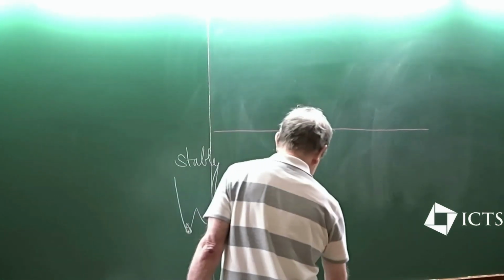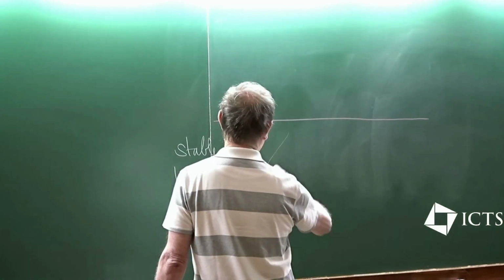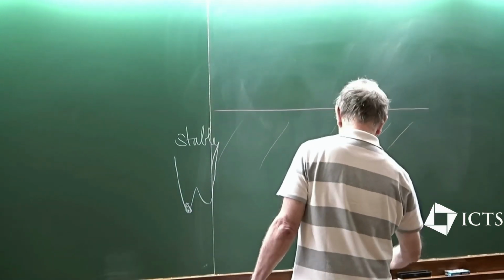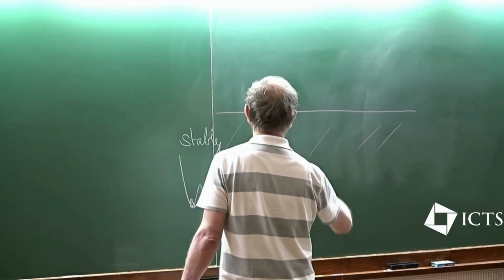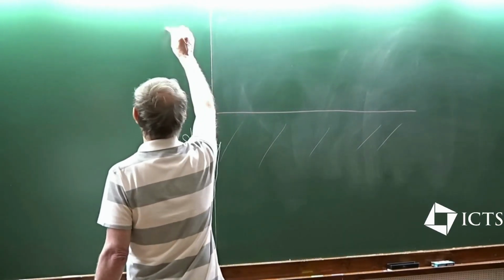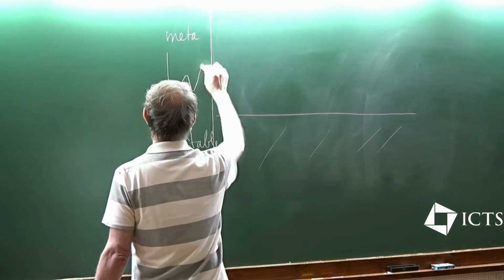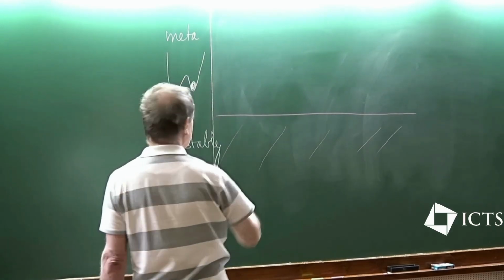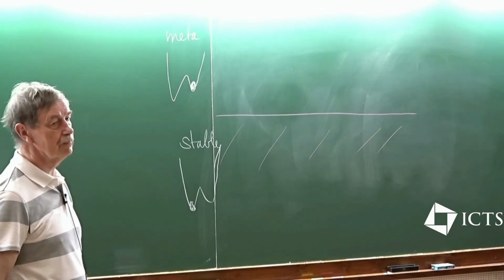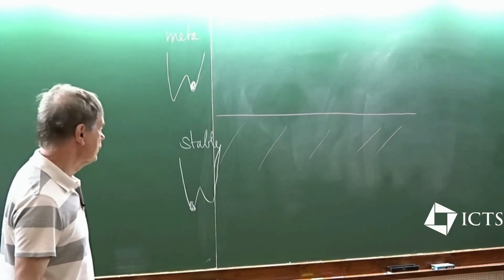And so now you have some interface over here. Whereas in the upper part, you prepare something which is metastable. So when I look at this situation, the system will sit in this metastable minimum. Okay, and then I just let it run.